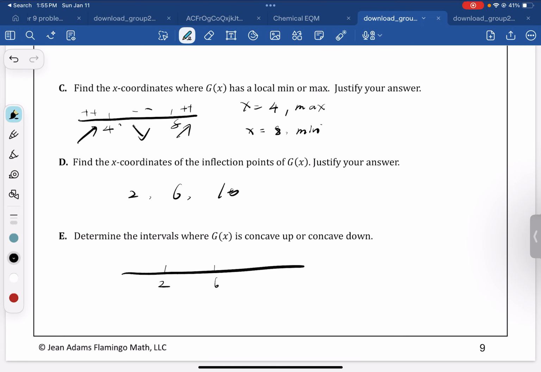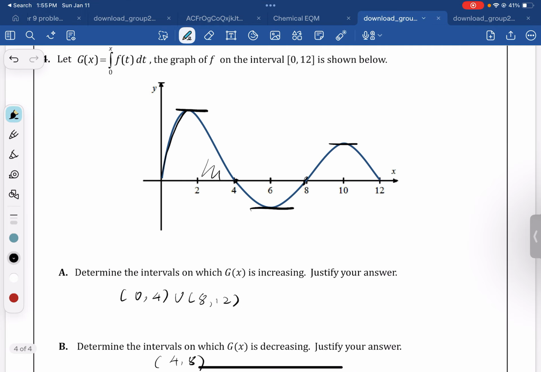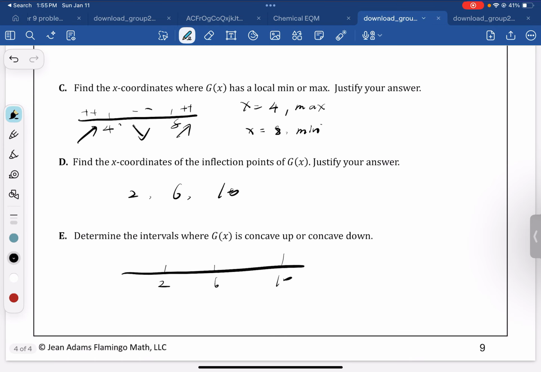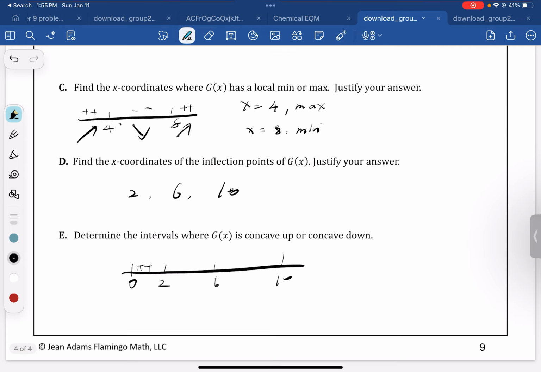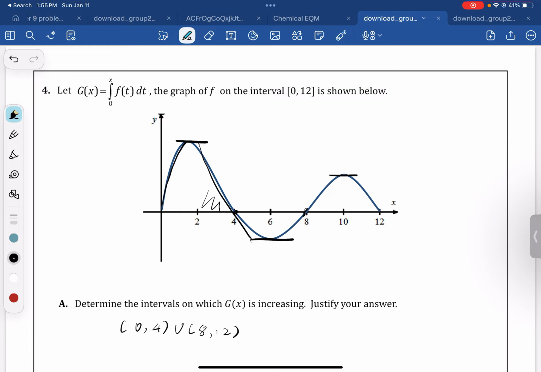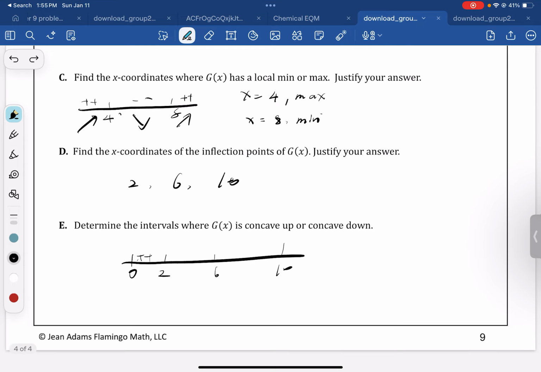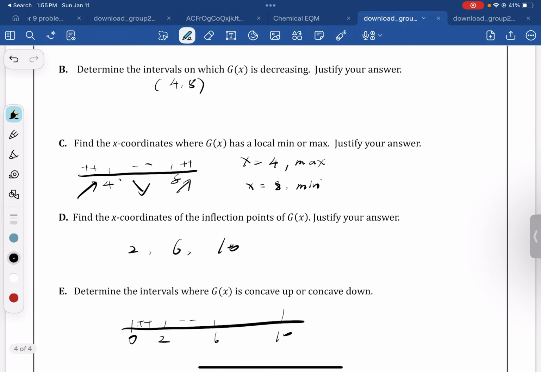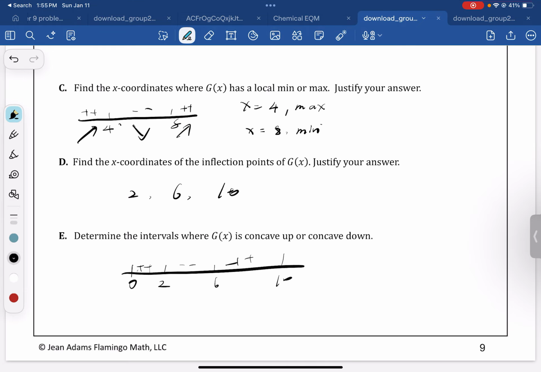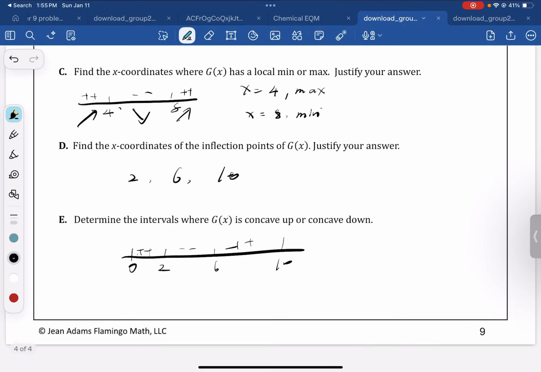2, 6, and 10. So more precisely, from 0 to 2 it's positive. And 2 to 6, obviously the slope is less than 0, so it's negative. And from 6 to 10 it's positive again, and from 10 to 12 it's negative again.